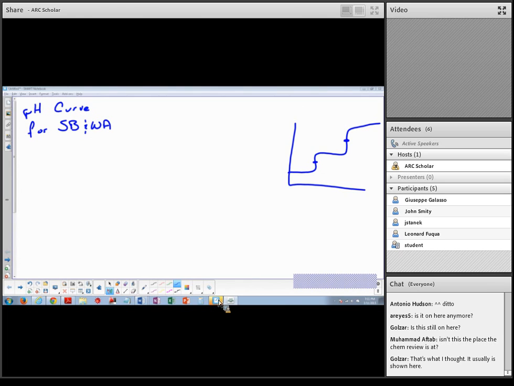So the first half equivalence point is going to be right there. And what I would assume then is that the second half equivalence point would be, let's say this is x, then this would be half x.